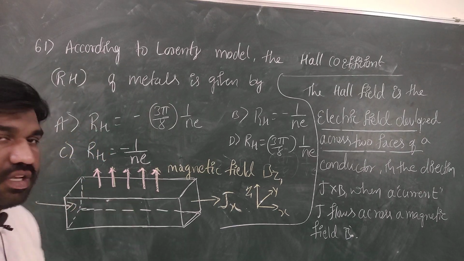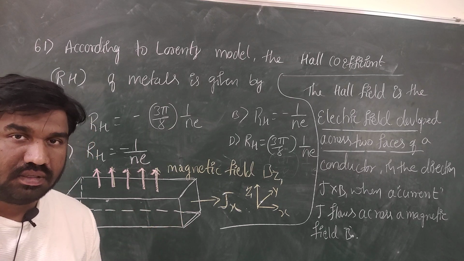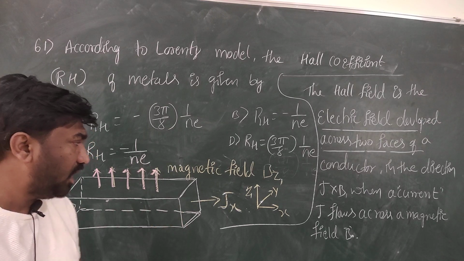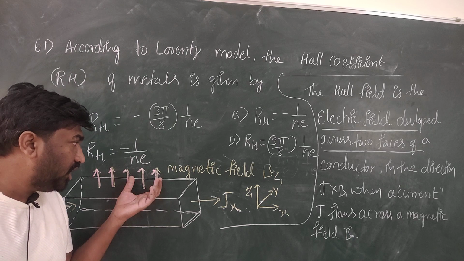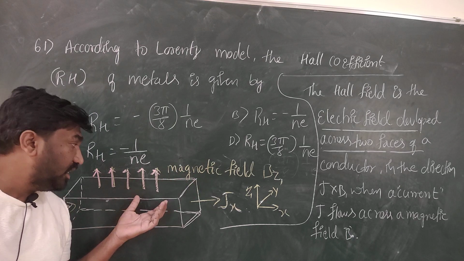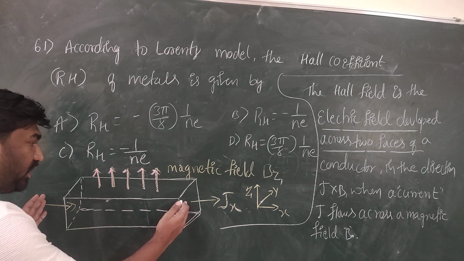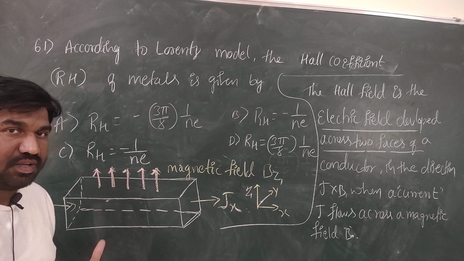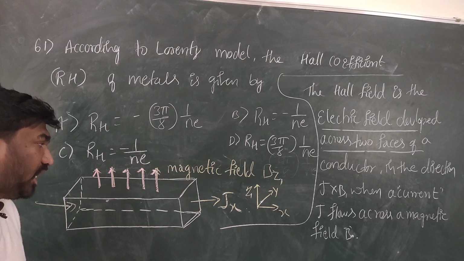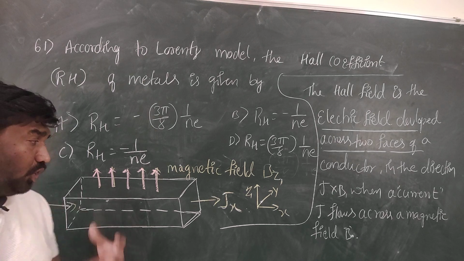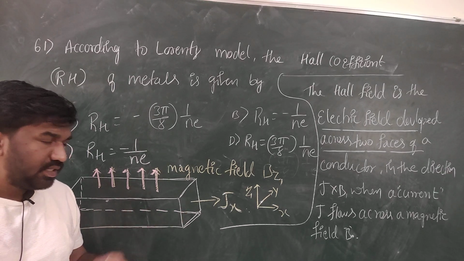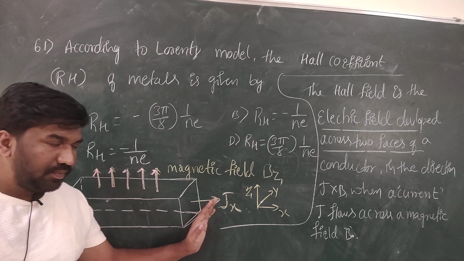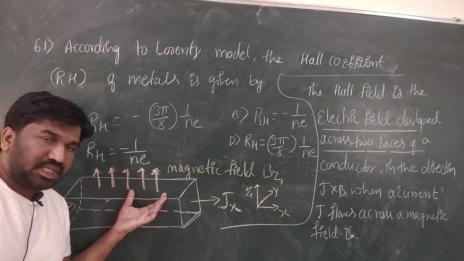So the Hall effect, or Hall field, is a new field set up in a conductor or metal specimen when it is placed in an external magnetic field, and the two faces of the specimen are also applied with an electric field, or electric potential. Due to this electric field, a flow of current will be there.